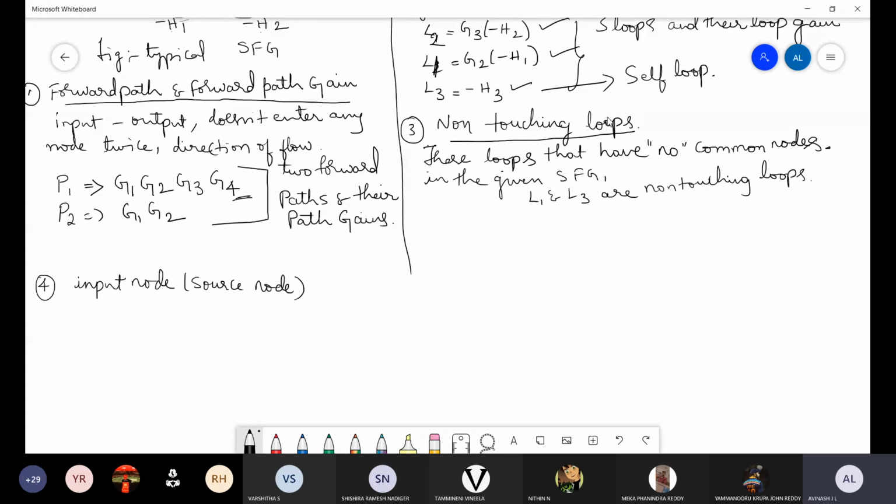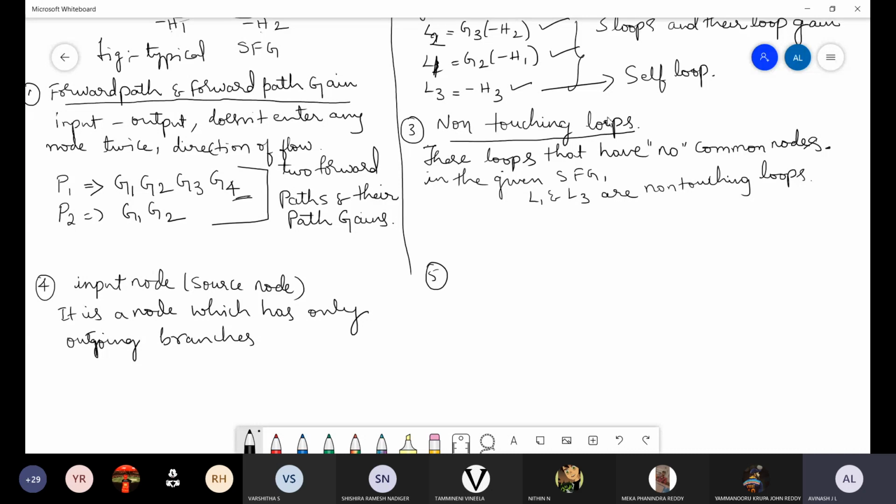So it is a general definition. Input node means it is a node which has only outgoing branches.